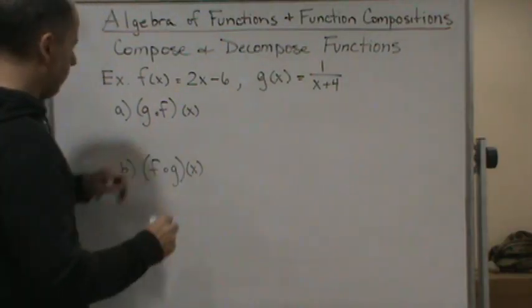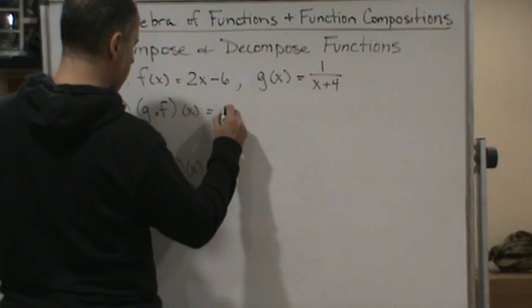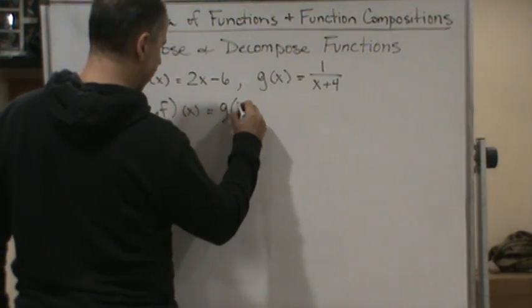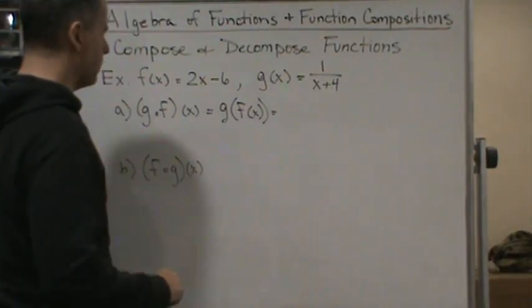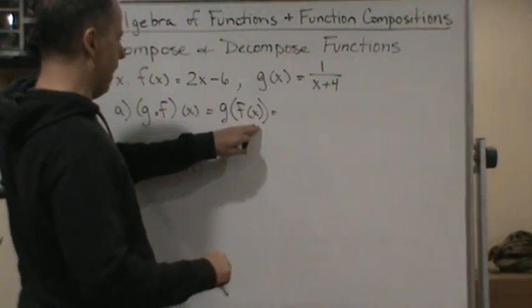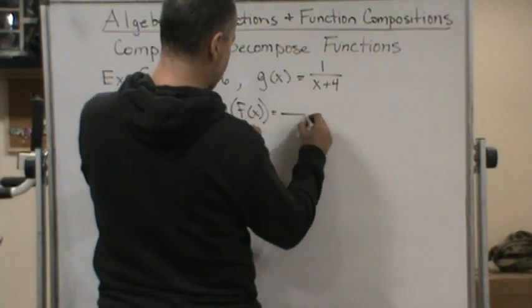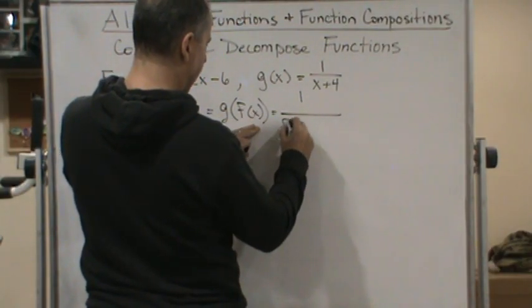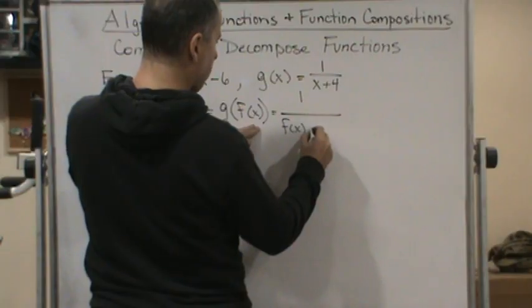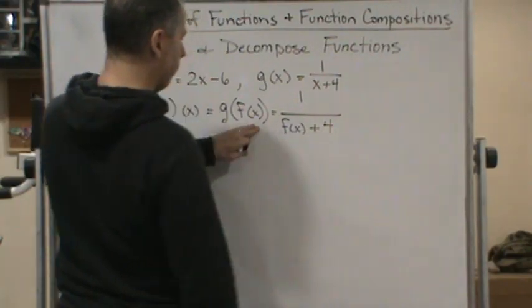So here, this is going to equal g of f of x. Now I'm going to compose this by taking g and sticking f into g. So this is going to be 1 over what? f of x plus 4, right?